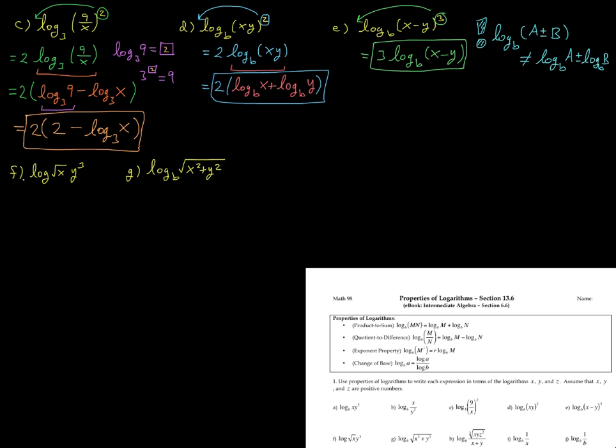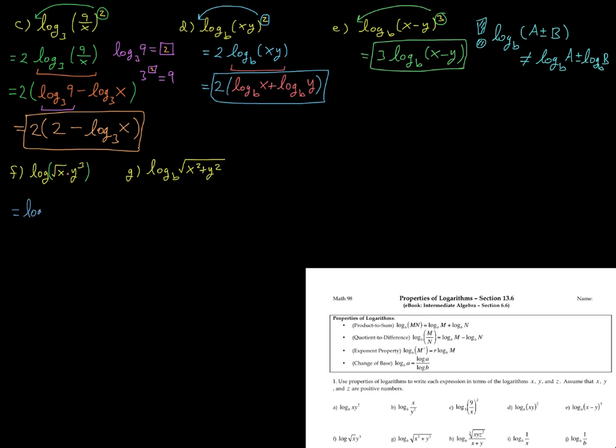Okay, cool. So f, the log of the square root of x times y cubed. Again, you don't have parentheses there. I'm just going to put them in for emphasis. And we have this product here. The square root of x is multiplying the y cubed. So to begin, let's go ahead and just apply the product to sum.